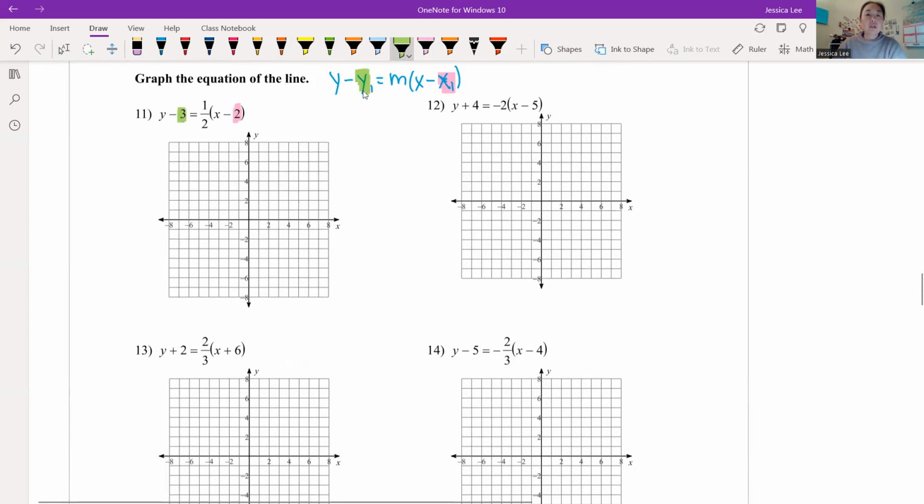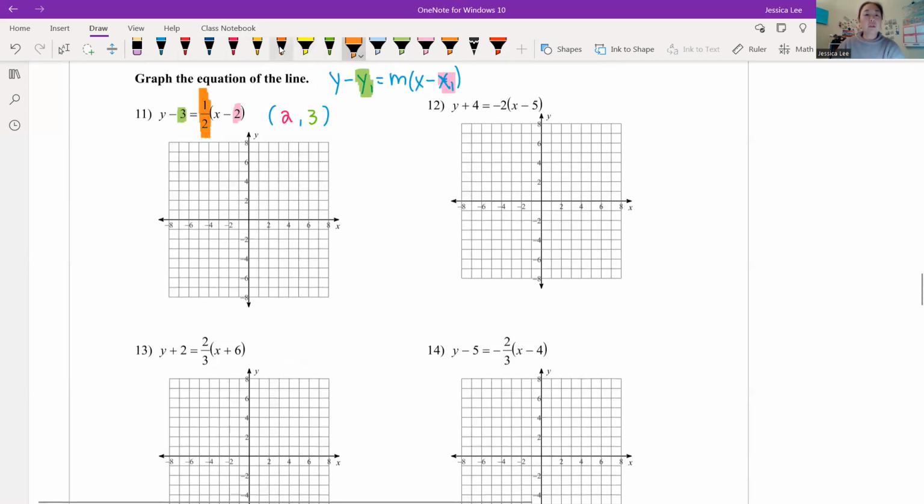So this y1 is going to be green. Okay, so there's our point. So x is 2, and then y is going to be 2. All right, so there's our point, and our slope is, again, right here, -1.